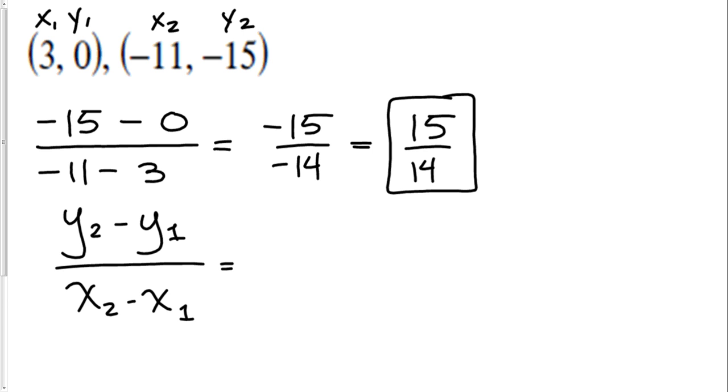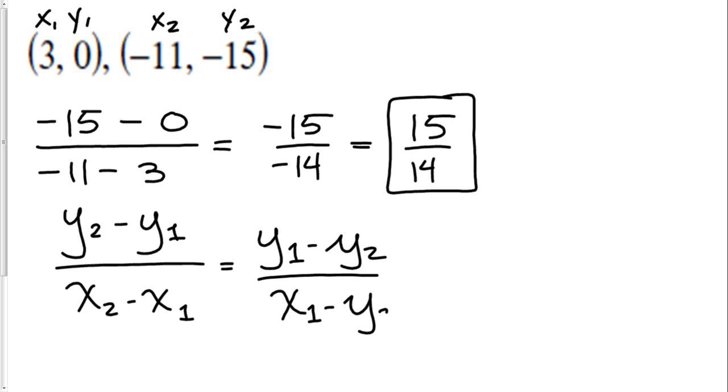For example, you could do y1 minus y2 on top. But in order to do that, you have to make sure you also switch the bottom. So the bottom would then have to be x1 minus x2. It doesn't matter what order you put them into the equation, as long as you're consistent.